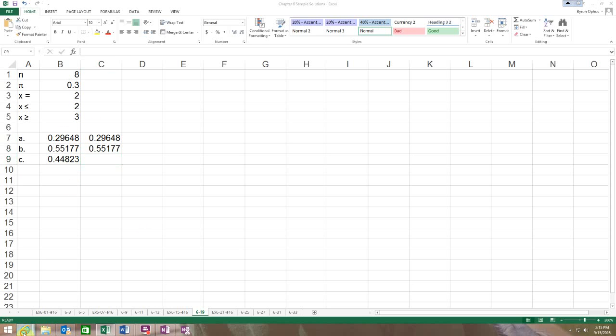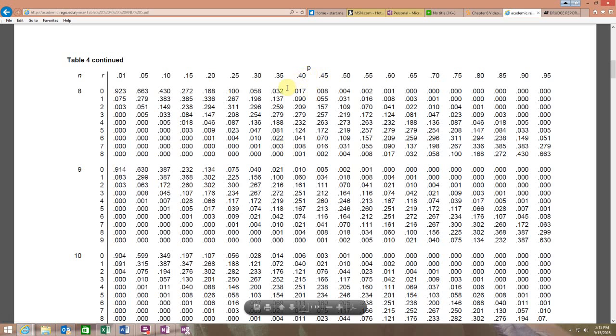If we take a row here, it's going to add up to 1. One way we could do this is to take 3 and add all the rest of these up. We could put this into our Excel spreadsheet and add 0.254 plus 0.136, and so on, and we would get the correct answer that way.